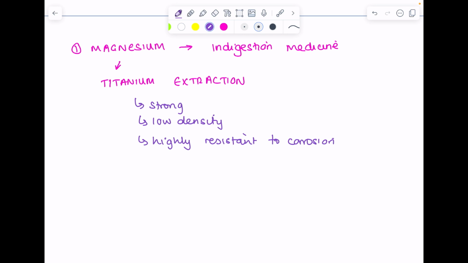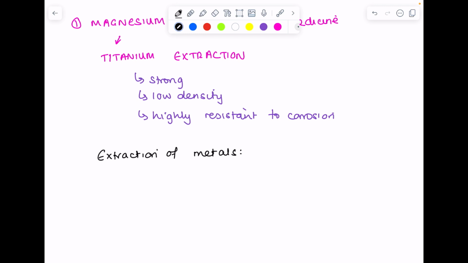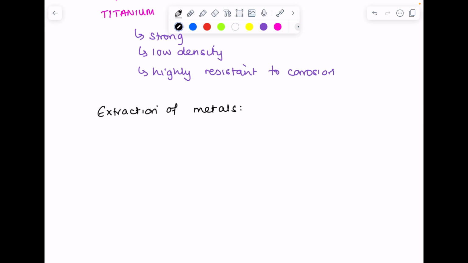Now, in terms of extracting titanium, purifying it, unfortunately, remember with extraction of metals, it totally depends on the reactivity of the metal. If it's very unreactive, such as gold and silver, it's found native in the Earth's crust.